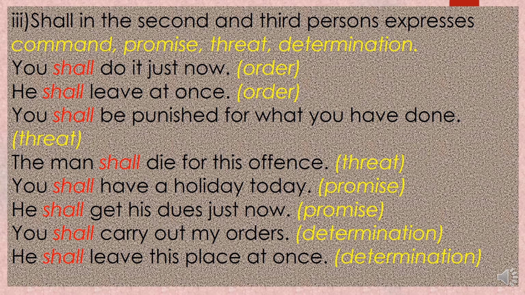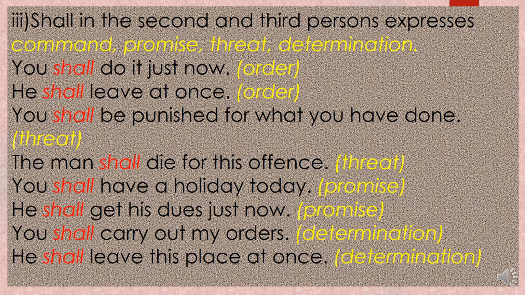See, shall in the second and third persons expresses command, promise, threat and determination. Now remember the chart, where shall was used in second and third person for the strong future. Here command, promise, threat, all these are very strong situations. See, you shall do it just now.